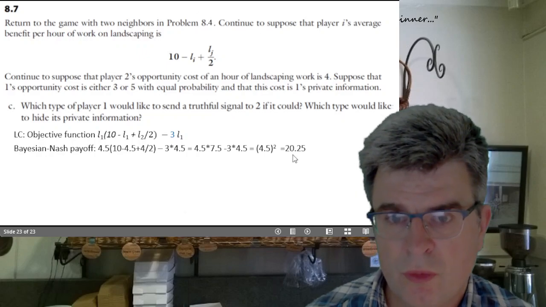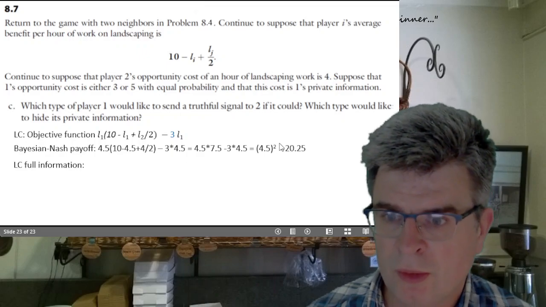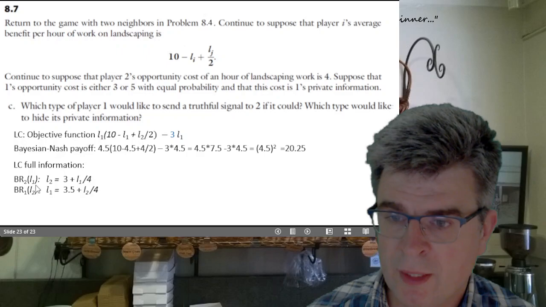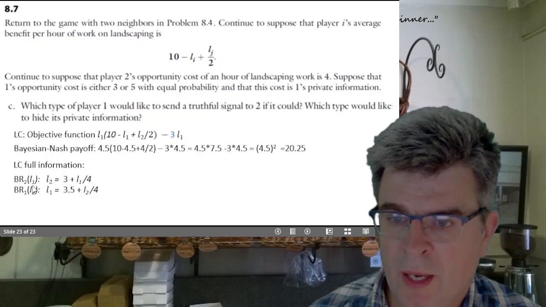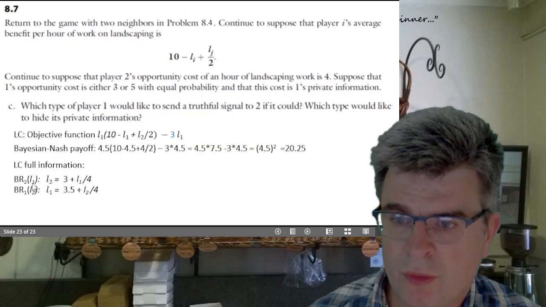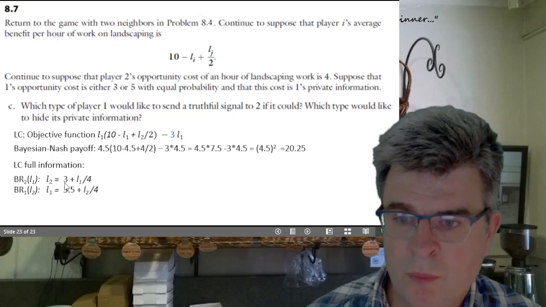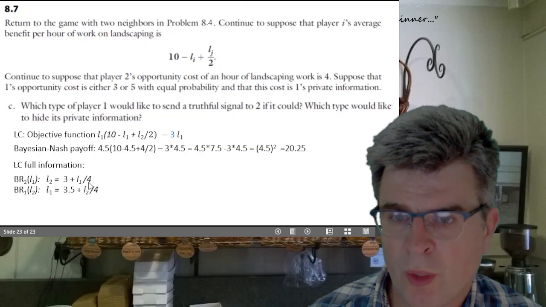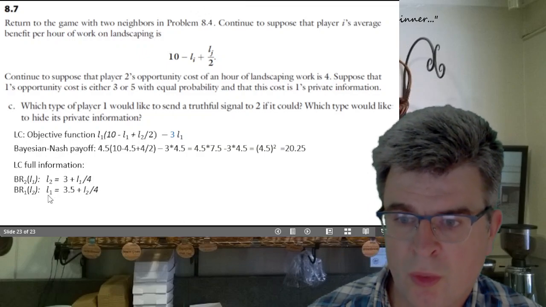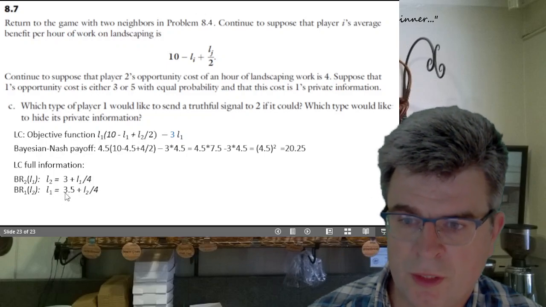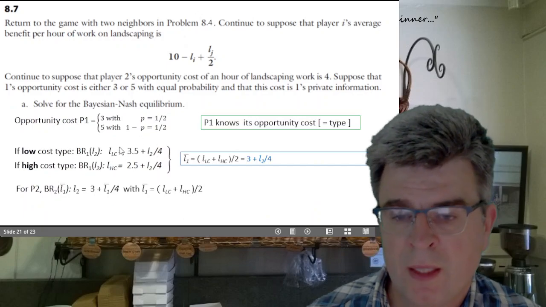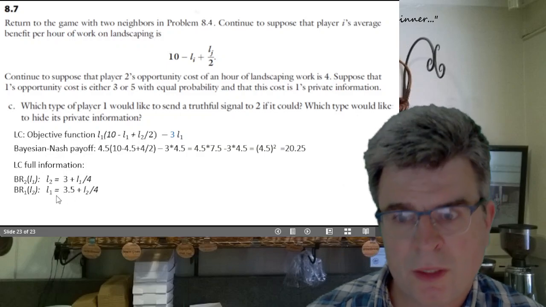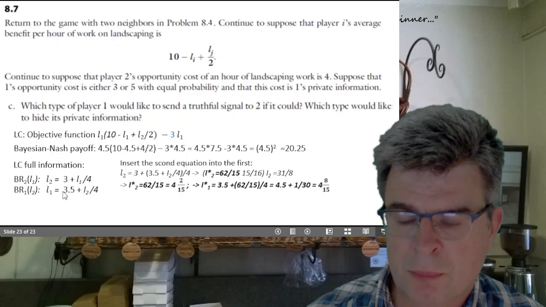Now, if you could reveal truthfully to your neighbor that you have low opportunity cost, so you give full information, in that case, we are back to problem 8.4, because neighbor 2 will respond to your effort level of neighbor 1, and that will be 3 times L1 over 4, and you yourself are the low cost type, so your best response function is 3.5 plus L2 over 4, and that's what we observed here in question A. So now we can solve this system of 2 best response functions by inserting the second expression into the first, replacing the L1 over here.